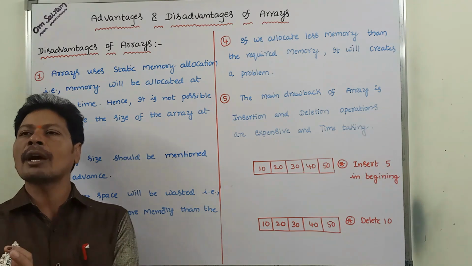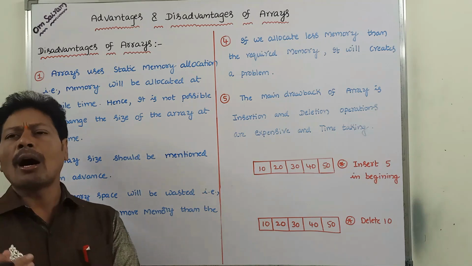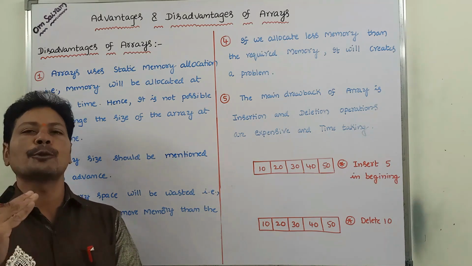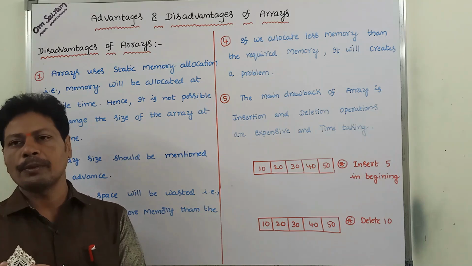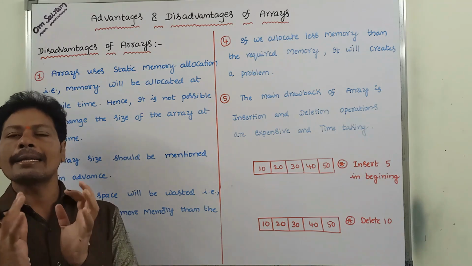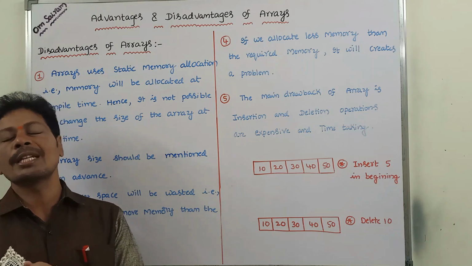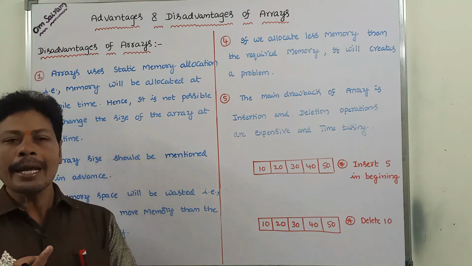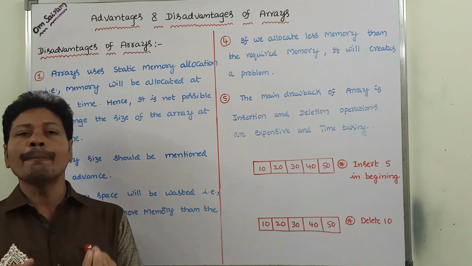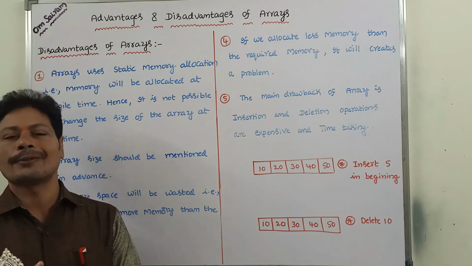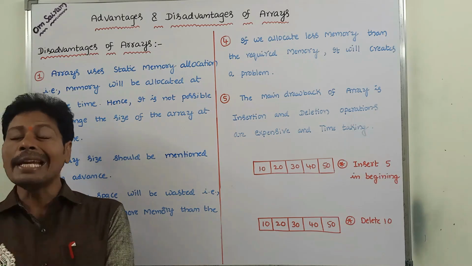How many elements we want to store in the array, according to that we have to mention the size of the array first. Once the array size is fixed, it is not possible to change it at runtime. So the main important disadvantage of the array is that the array size should be known in advance.